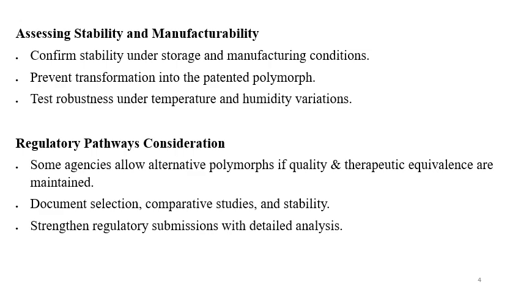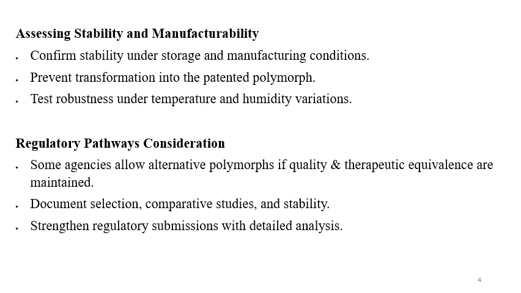It is not the case that if a non-patented polymorph is selected, it will be similarly stable compared to the innovator's form. It may be less stable, or it may get degraded due to the manufacturing conditions.